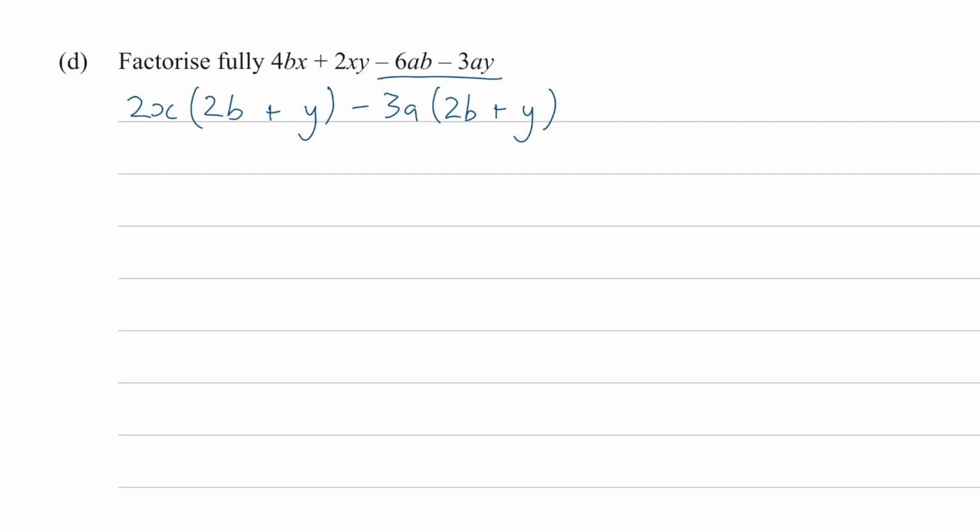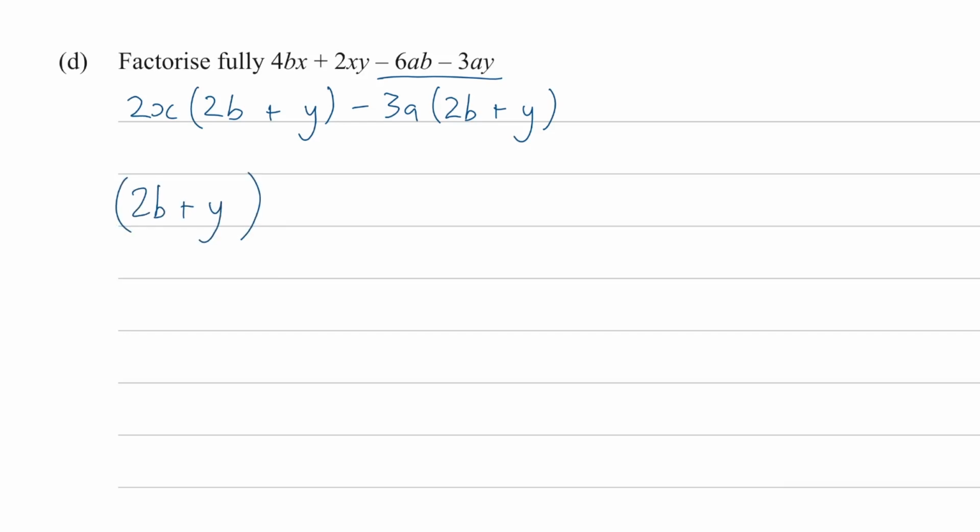So that's factorizing once. And now, hopefully you will have noticed, looking at this expression, we see 2b plus y appear twice. So that is now a new common factor. So what we can do, like before, is pull out that common factor. So 2b plus y.